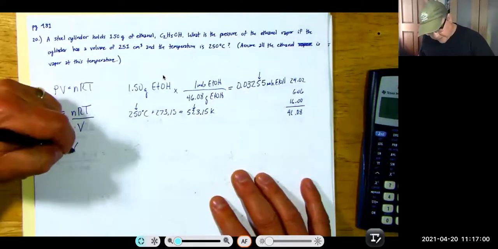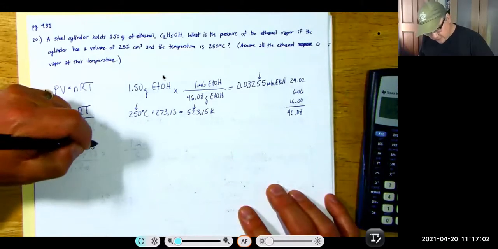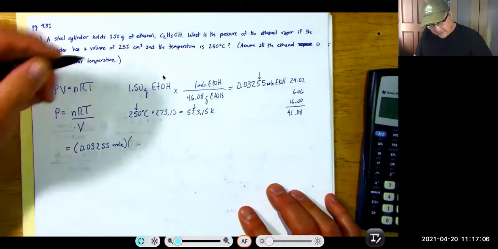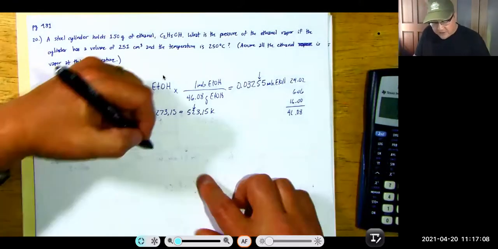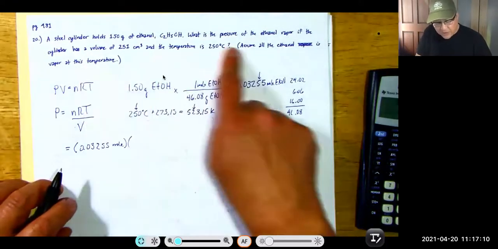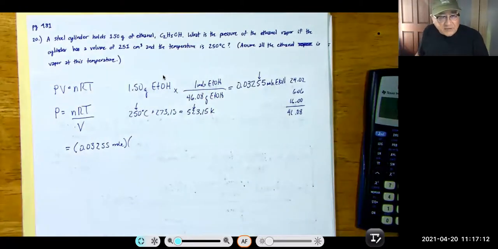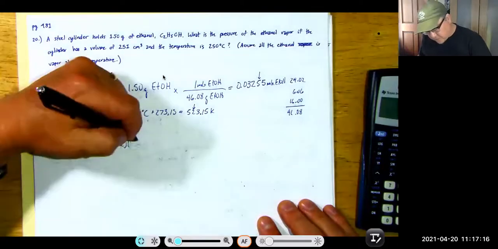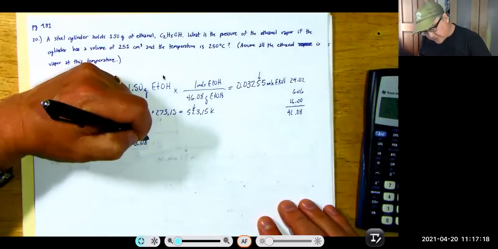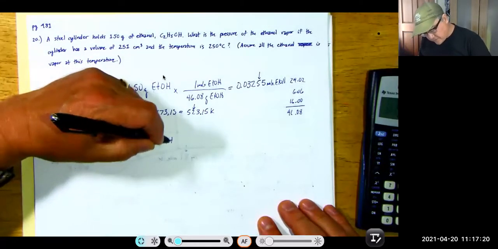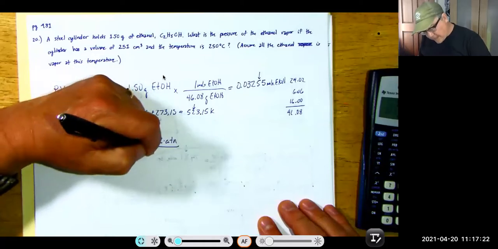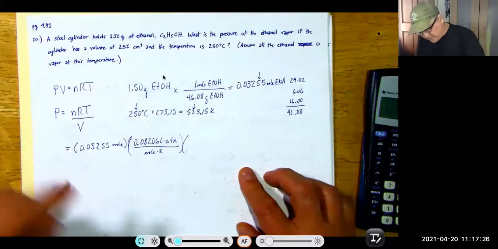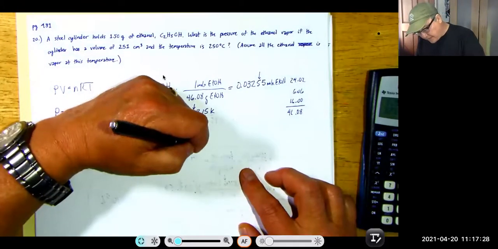So we have 0.03255 mole times R. The question doesn't ask for millimeters of mercury or for atmospheres, so I'm going to do the atmosphere one, 0.08206 liter atmosphere per mole K. The temperature is 523.15 K.